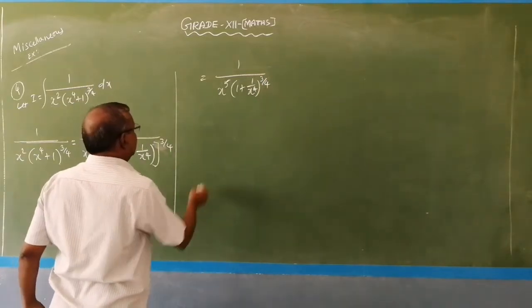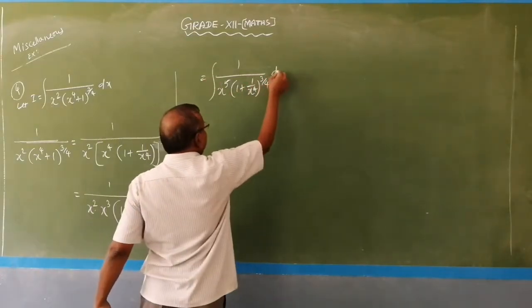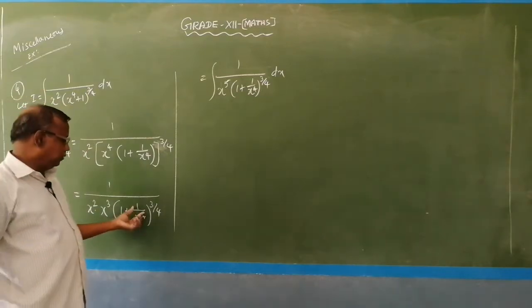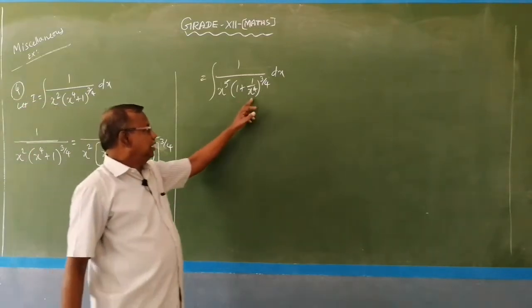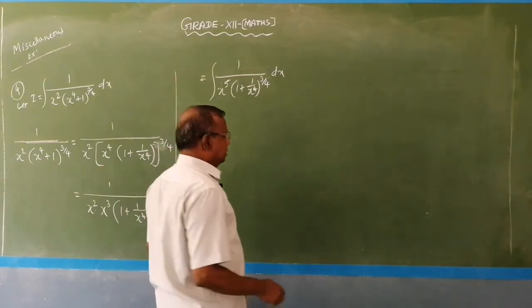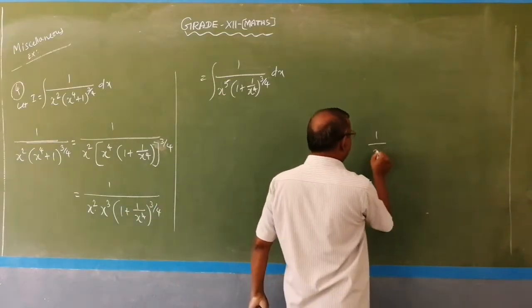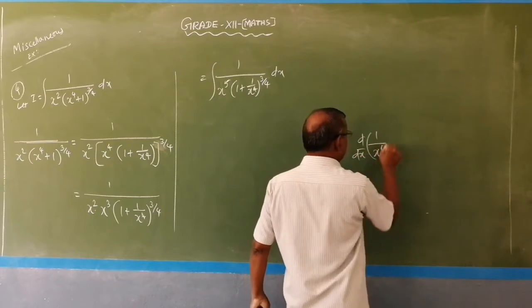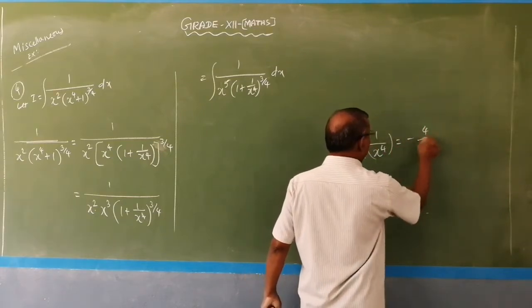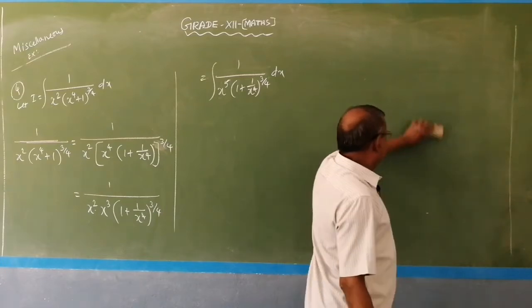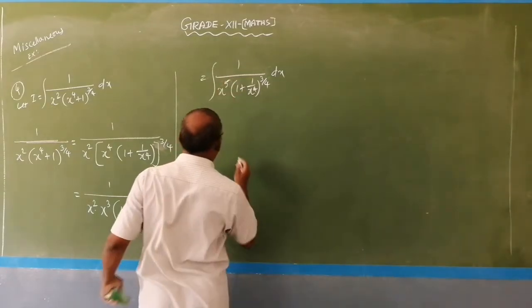Now integrating, this is integral into dx, because when we differentiate 1 by x power 4 we get the power of x as 5, that is d by dx of 1 by x power 4 means minus 4 by x power 5. So we have left the x power 5 in the denominator.